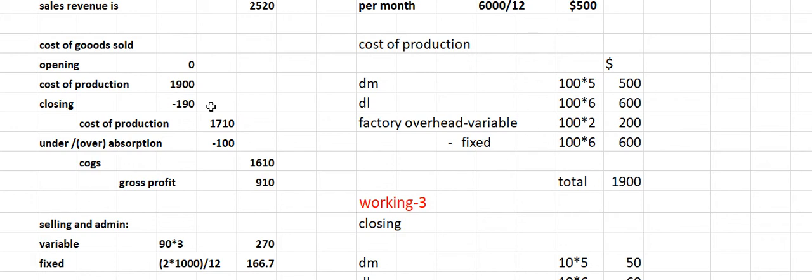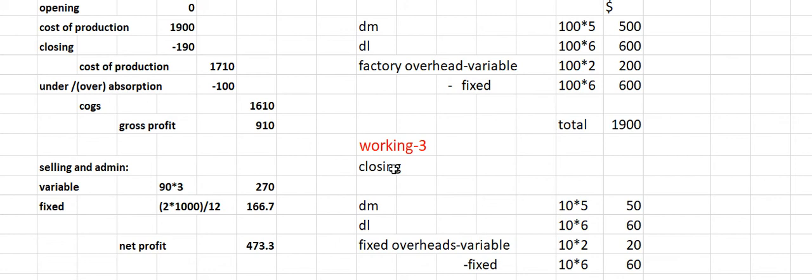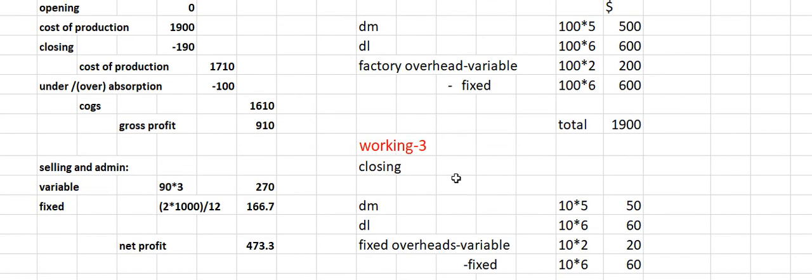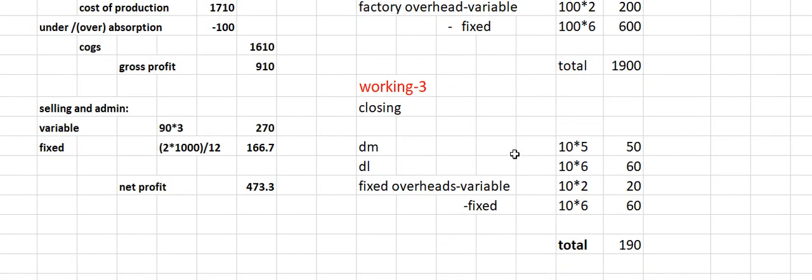And then for closing inventory, we have to deduct closing inventory from cost of production. Here is the working of closing inventory. Closing inventory includes 10 units, because only 90 units were sold out of 100 units. So 10 units will be closing.